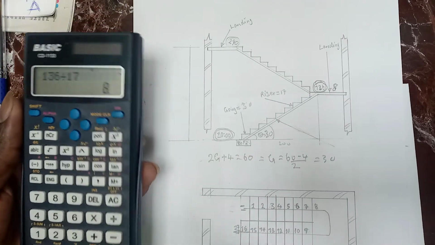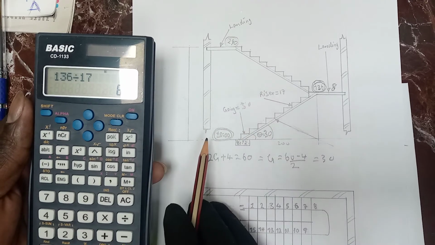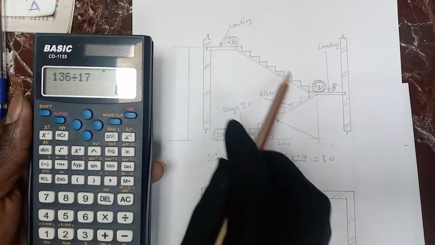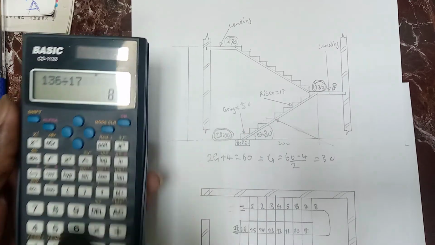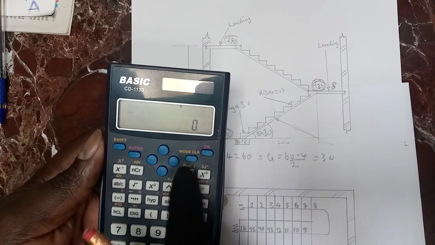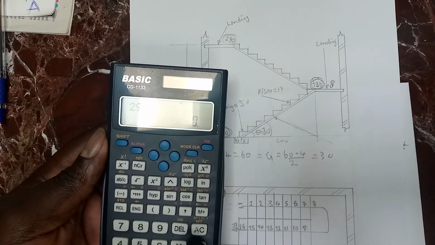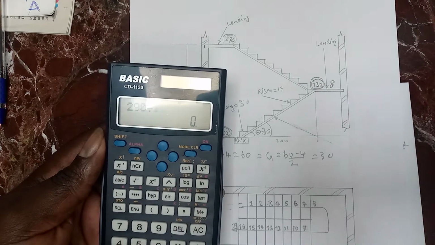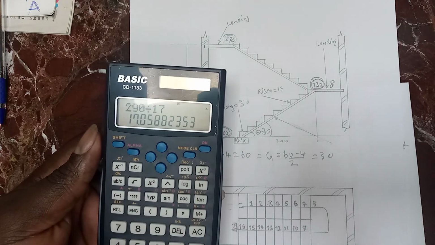So now, guys, from here you already know the going and the riser, but you just know it for the first flight. For the second flight, you don't know the number of steps, but they have given you the level. So you can use this level, 290 divided by 17, which is the height of one riser. This is equal to 17.0.